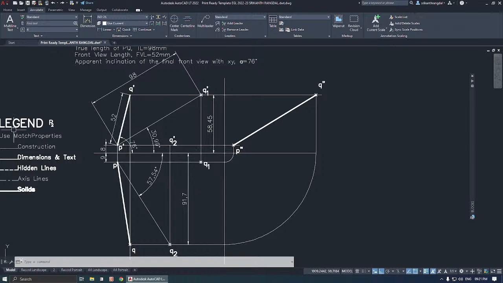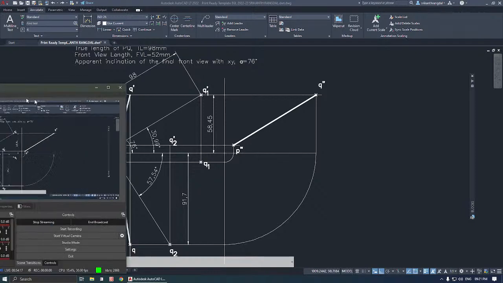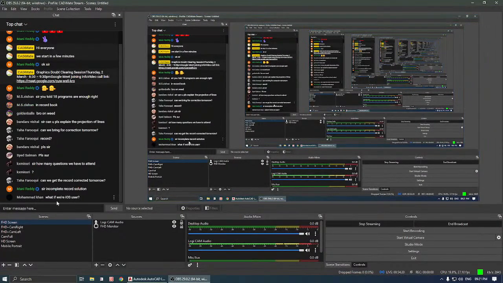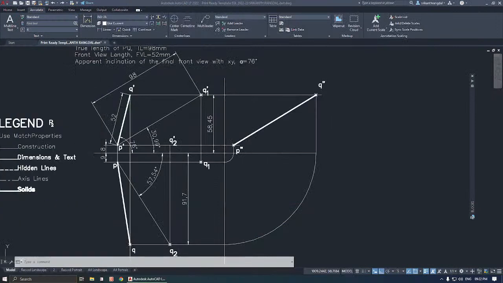Any more doubts? Okay, one question is coming here from Mohammed Khan: what if we are iOS users? You don't have to worry about that because you will be using the college system. Whether it is iOS AutoCAD or Windows AutoCAD, the same buttons are there in both operating systems, and the usage is more or less the same.